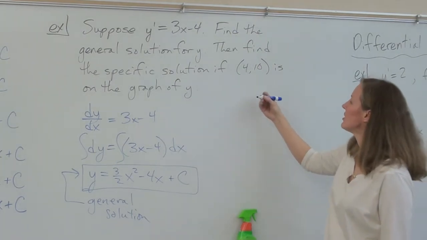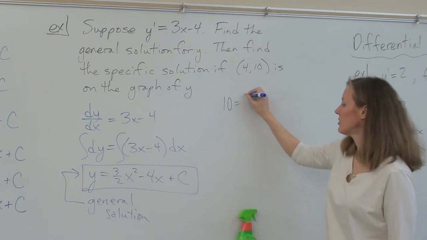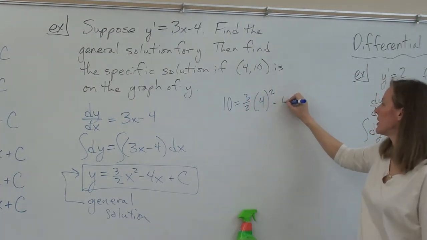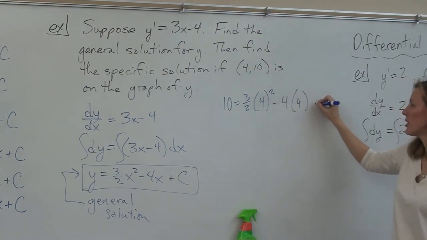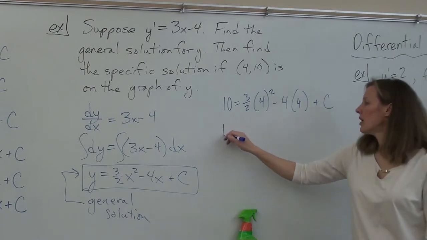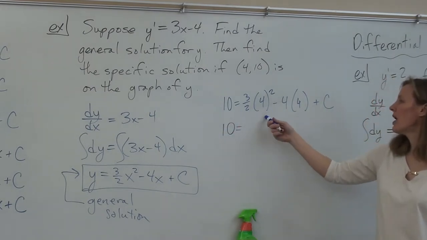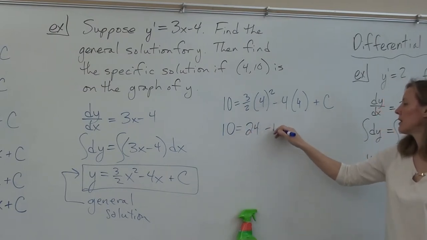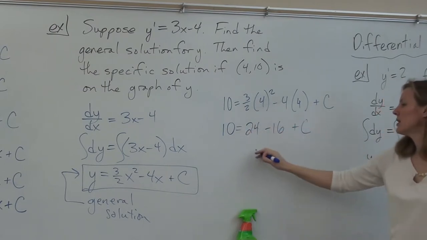Okay, so 10 equals 3 halves times 4 squared minus 4 times 4 plus c. So we get 3 halves of 16, so that would be 24 minus 16 plus c.